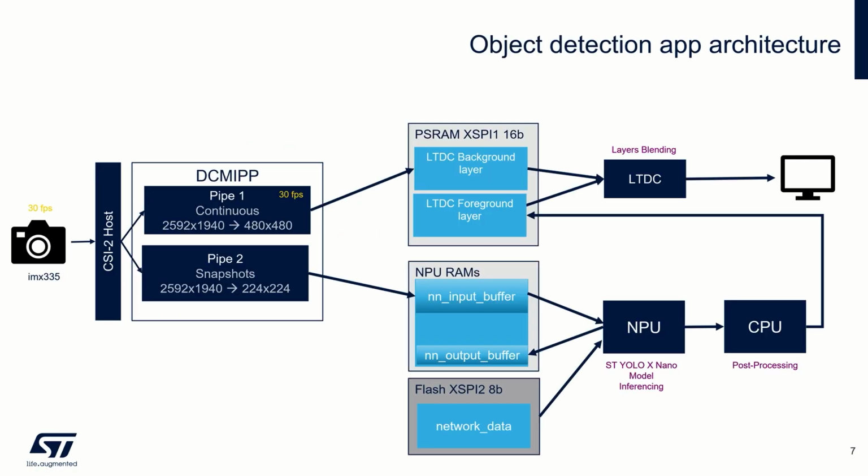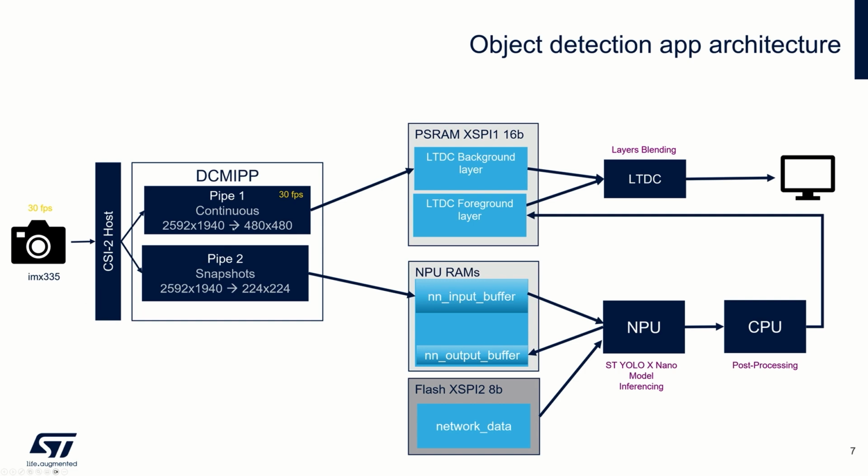Here you can see a simplified block diagram of the object detection embedded application. The 5-megapixel camera is connected to the board using the CSI serial interface, and 2 pipes of the camera are used.